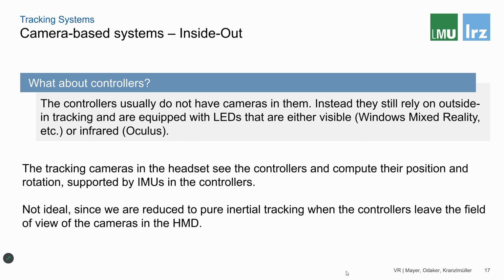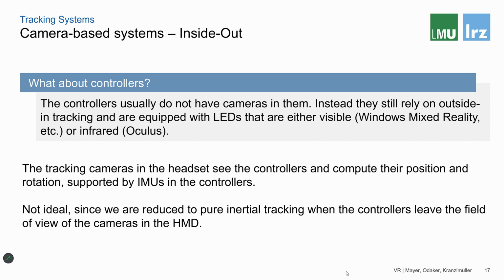Usually the controllers are equipped with LEDs. And the cameras in the headset can then pick up the LEDs on the controllers and therefore track them. And well, as I mentioned earlier, this can either be done with visible light or with something like infrared light. So the visible light was used by the Windows Mixed Reality, for example.